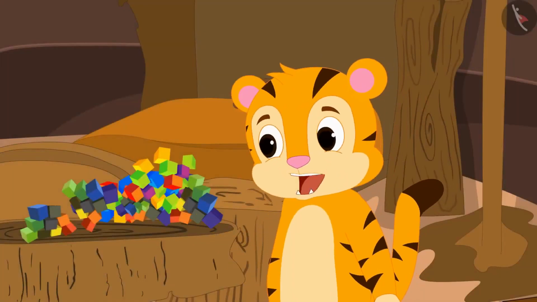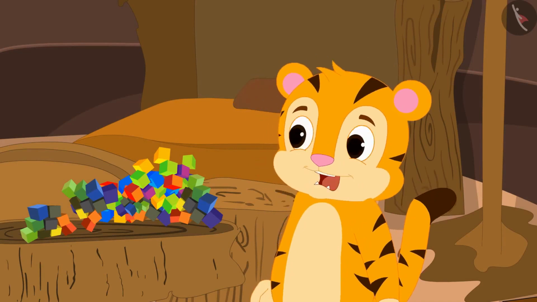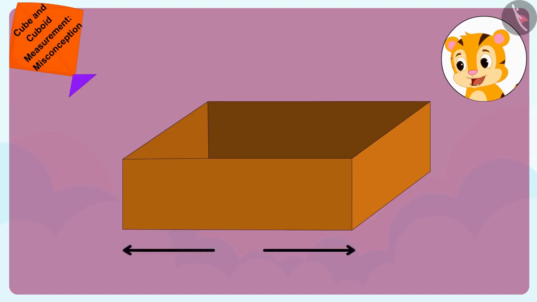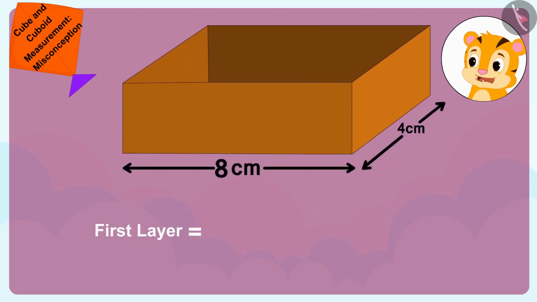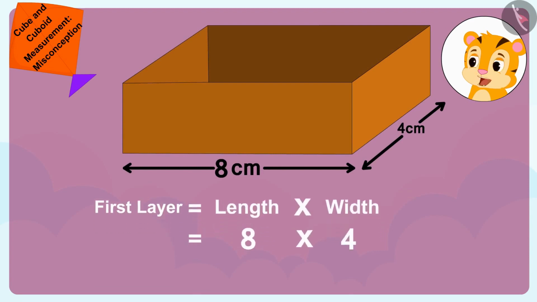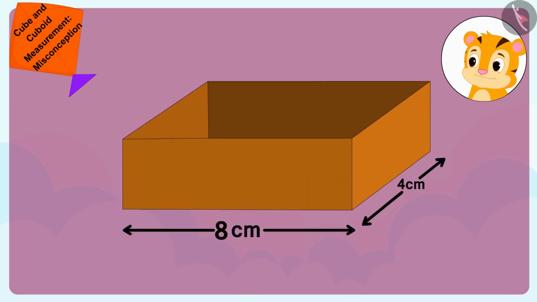It is not necessary that the volume of the cube shape is always less than the volume of the cuboid. See, the length of this cuboid shaped box is 8 centimeters and the width is 4 centimeters. This means that the first layer of this cuboid shaped box will have length into width, 8 times 4, 32 cubes of dimension 1 centimeter each, and its height is 2 centimeters.